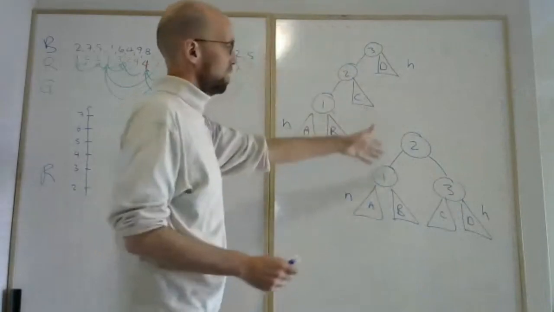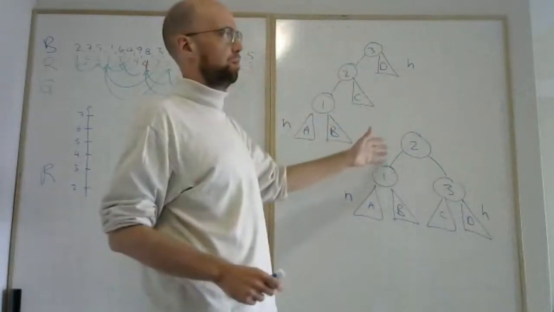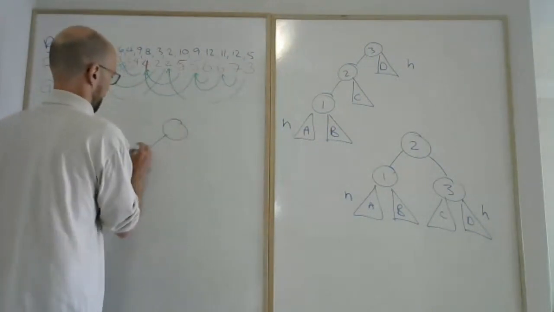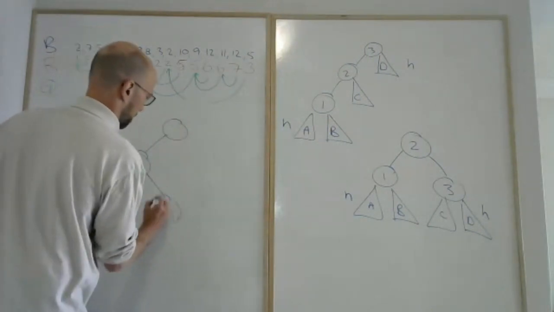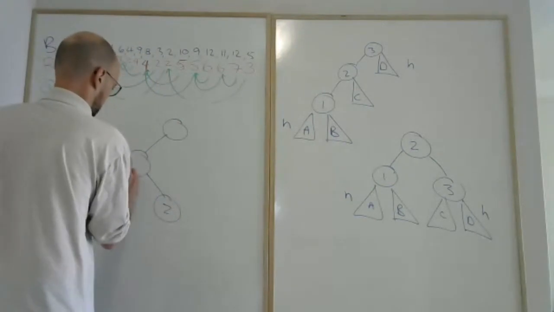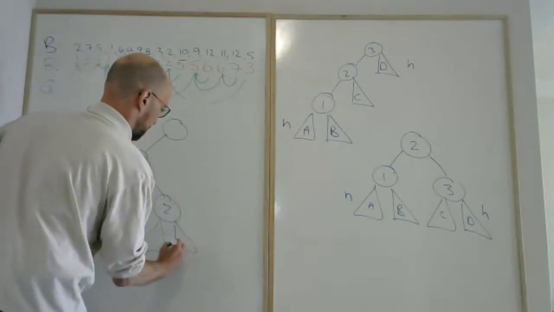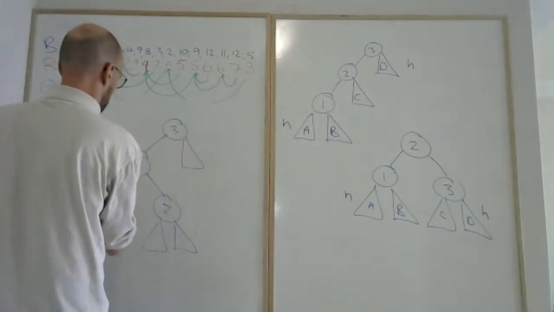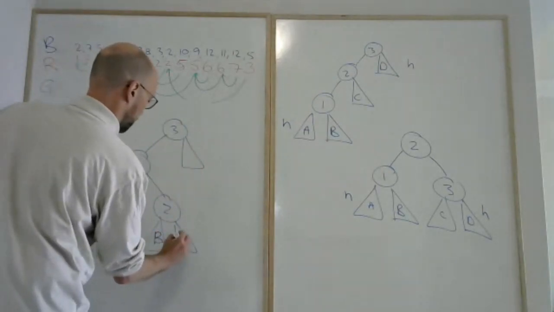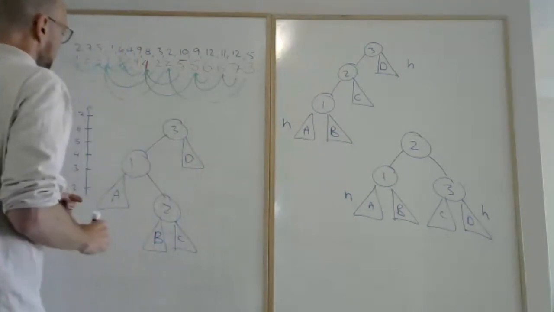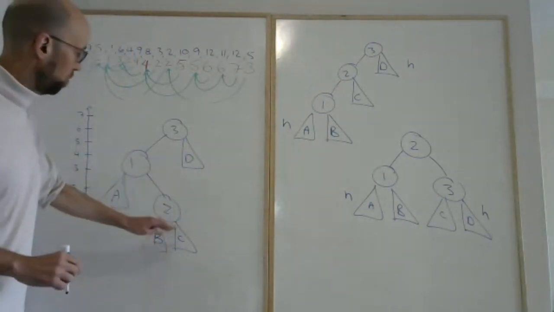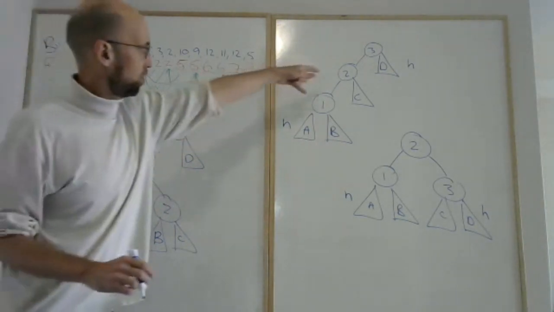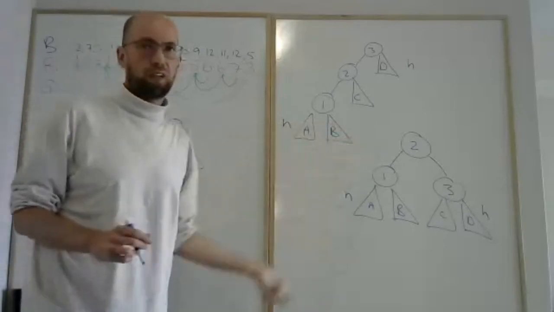So this is the rotation, and there's only one other case really, which is when you have 1, 2, 3, A, B, C, D. And to deal with this case, if this is too deep, then you rotate this up and you get this case. And then you rotate it again and you get this case.